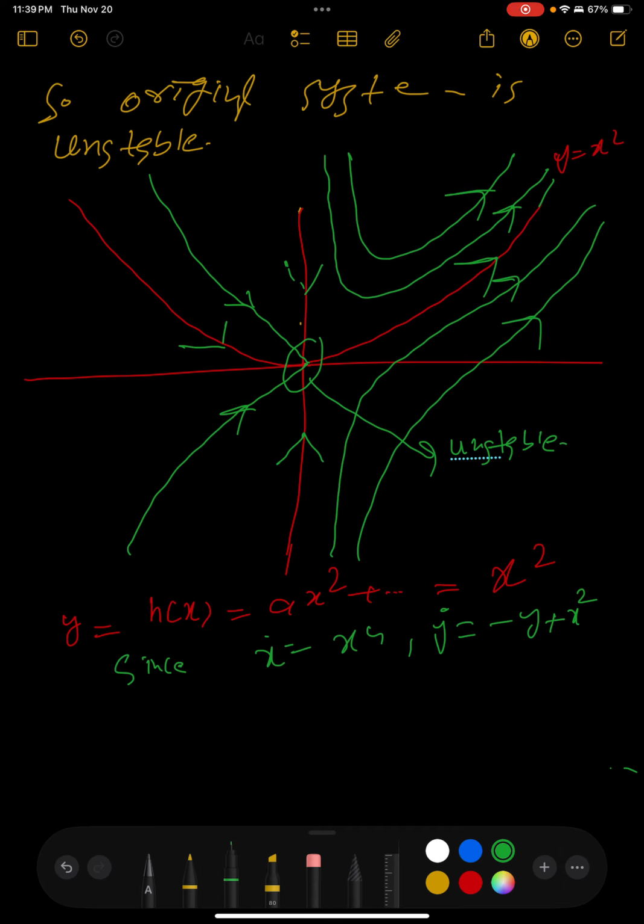Okay, so let's see another example. For this example we consider a different system. We have x dot is xy plus x cubed, y dot is minus y minus 2x squared.